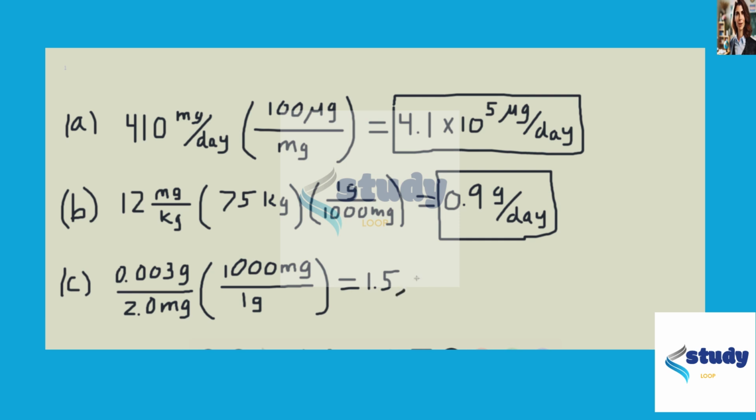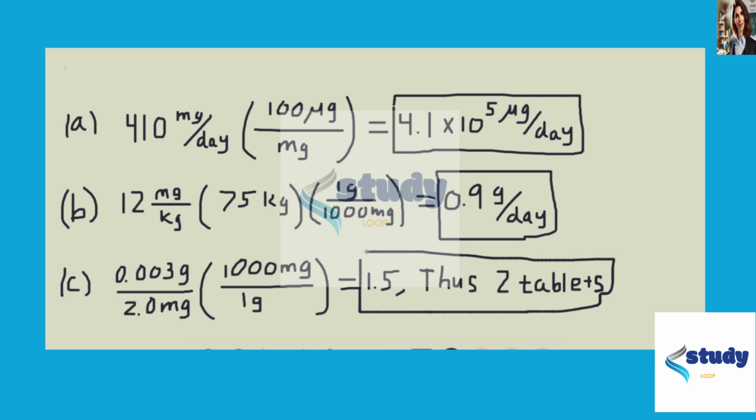So we can say, thus, two tablets, right? You need to take at least 2 tablets to get that, since 1 isn't enough and you can't take half a tablet. Or at least we're going to assume you can't take half a tablet. So we can box that in as our solution to part C.